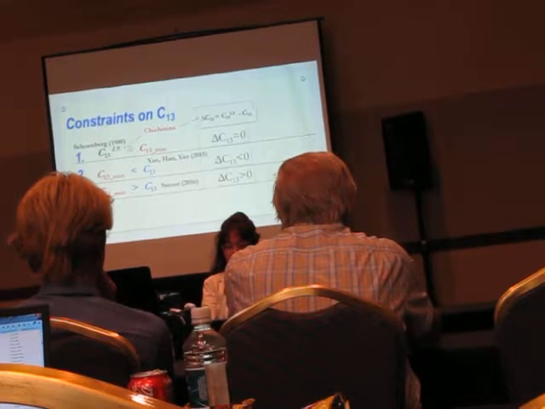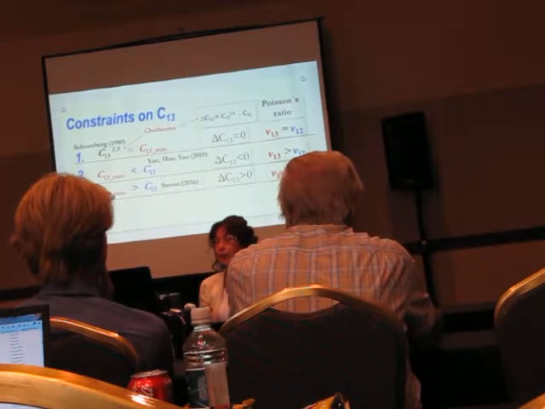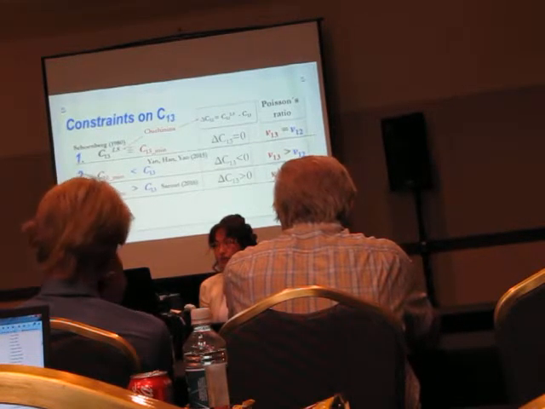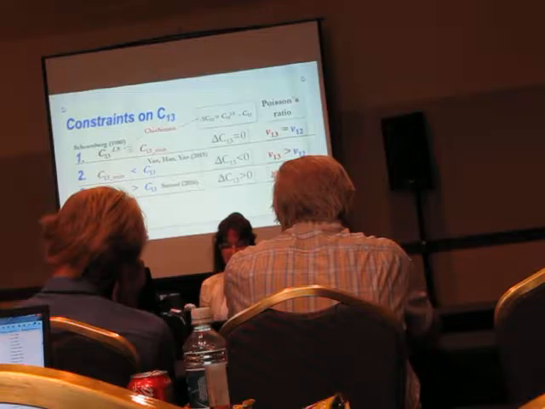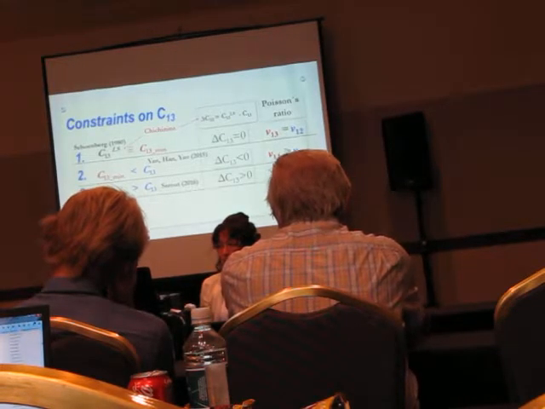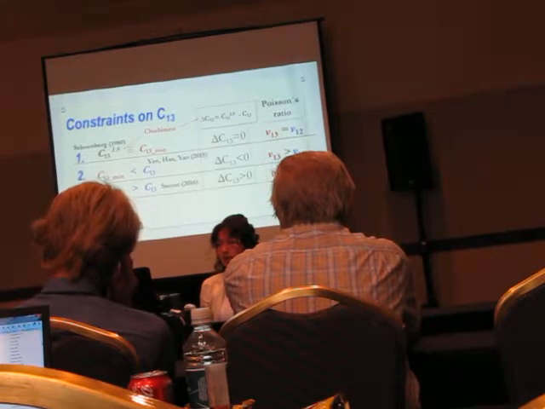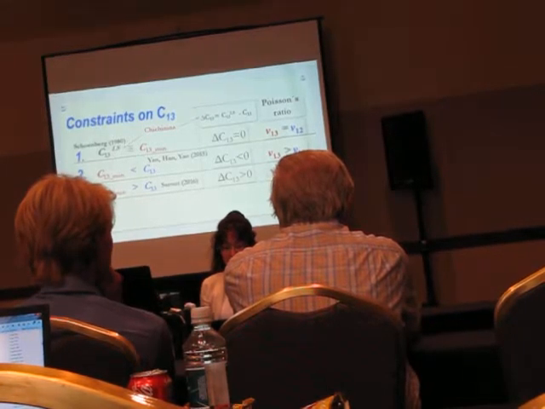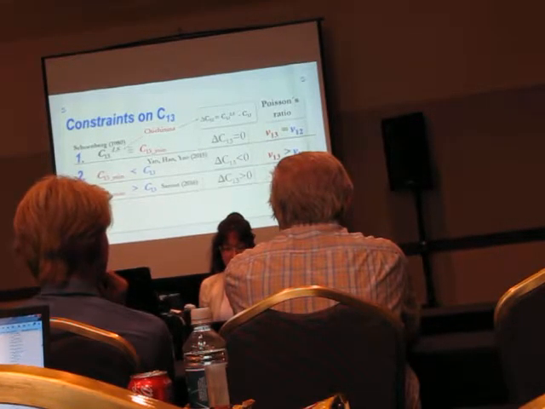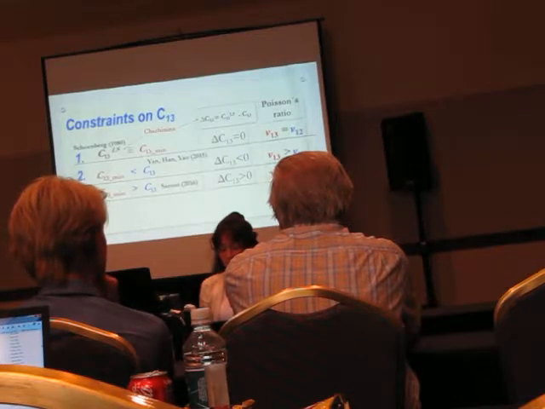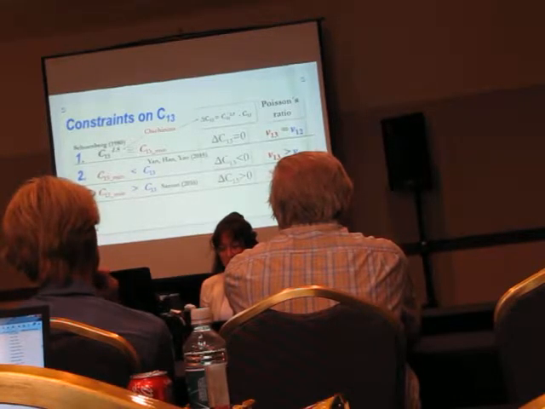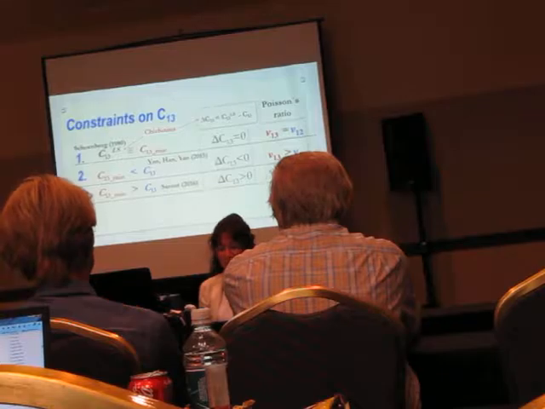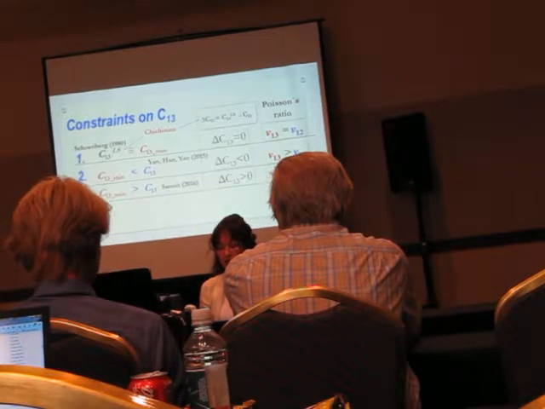And I analyze it in terms of these two Poisson's ratios. So for Schoenberg's restriction, these two Poisson's ratios are equal. Actually, the equality of these two Poisson's ratios required for the linear slip model is an exotic case in real data.